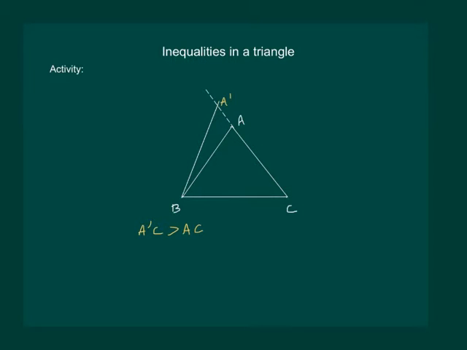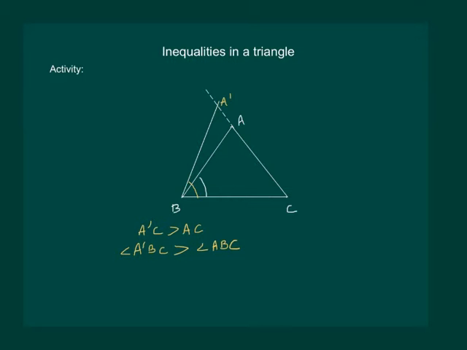Now measure the angle A dash BC. Use a protractor from your geometry box and also measure angle ABC. You will find that angle A dash BC is greater than angle ABC.